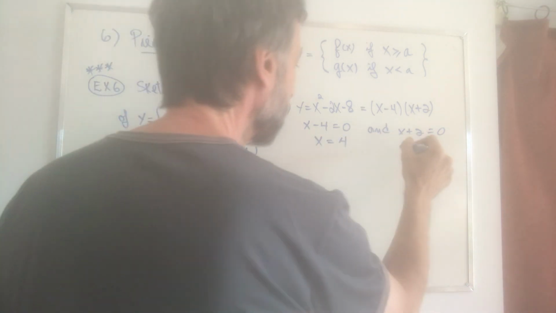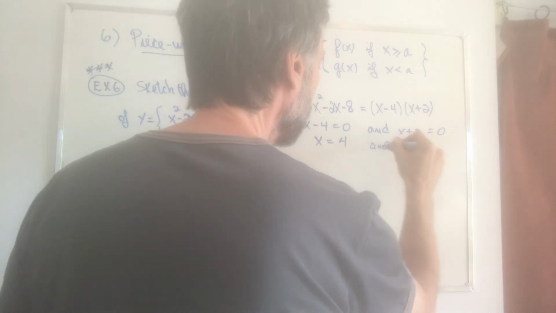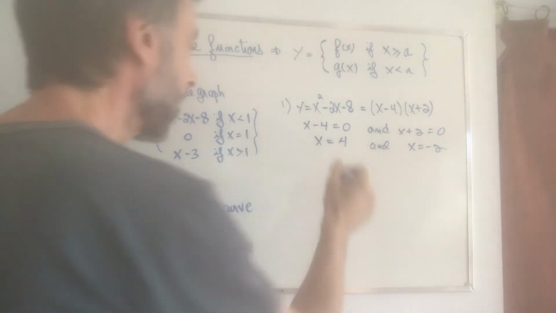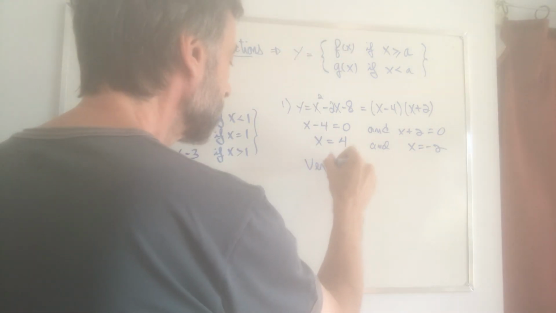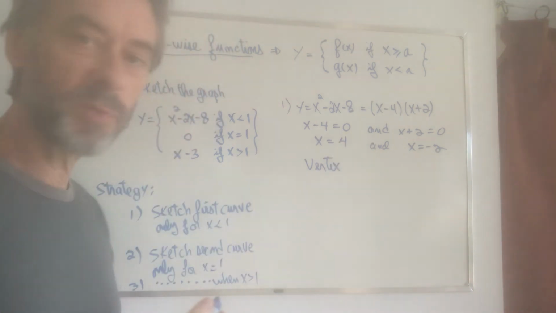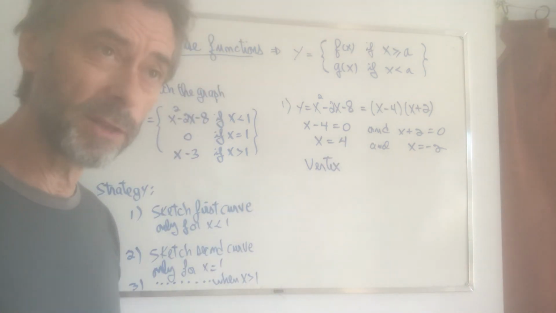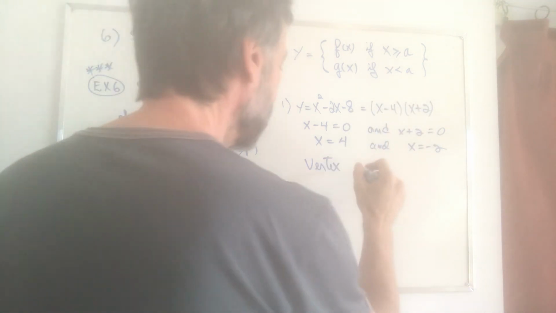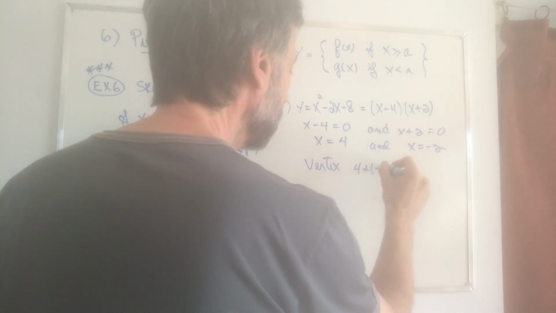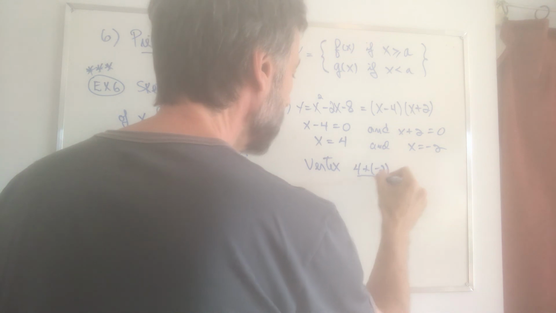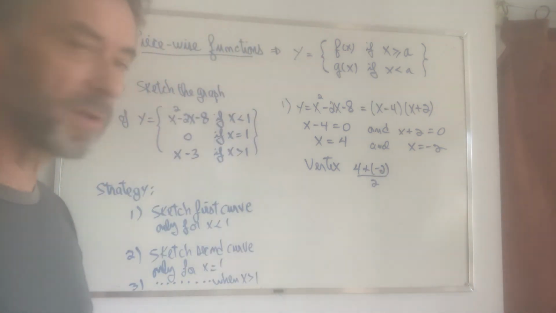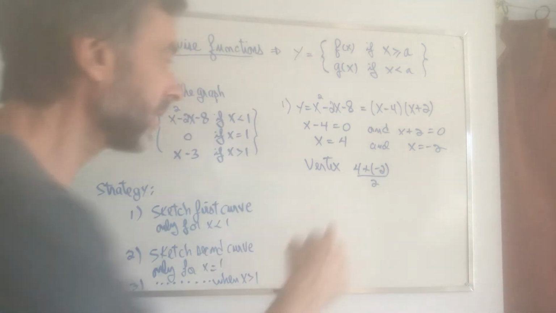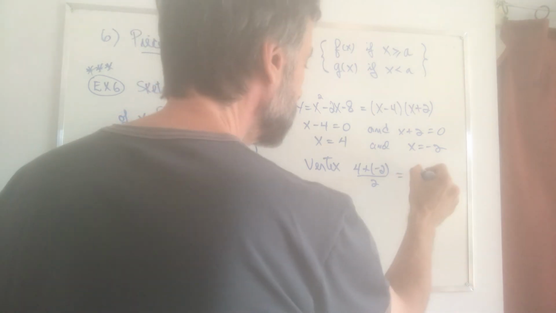So here are my 2 x-intercepts, 4 and minus 2. As for the vertex, if you paid attention to the previous video, you've learned, relearned, remembered that the x-coordinate of the vertex is the midpoint between the 2 zeros. So I'm going to add my zeros and divide by 2 to find the average point. That's 2 over 2, that's 1.